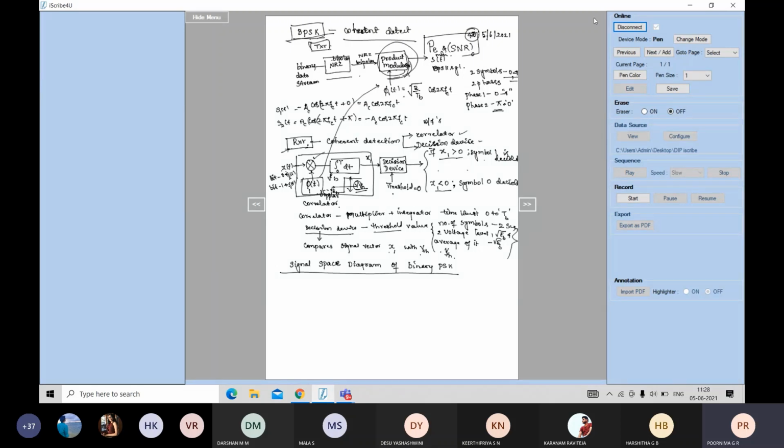So first we will start with how many pair of signals we have considered in BPSK for the transmission?